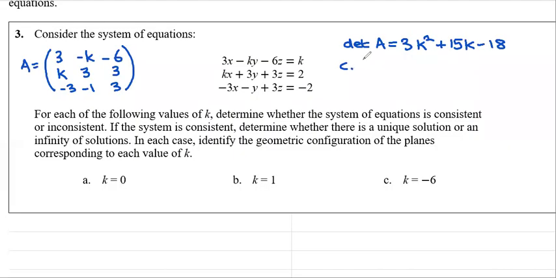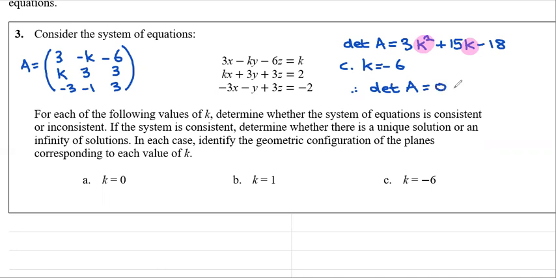So for part C, we've got k is equal to -6 in this situation. Now, once again, if we substitute k into our determinant right here, and evaluate that, I'll save you the trouble. We're going to get 0 again. So we've got the two solutions to the equation det A is equal to 0, essentially. One of them is -6.